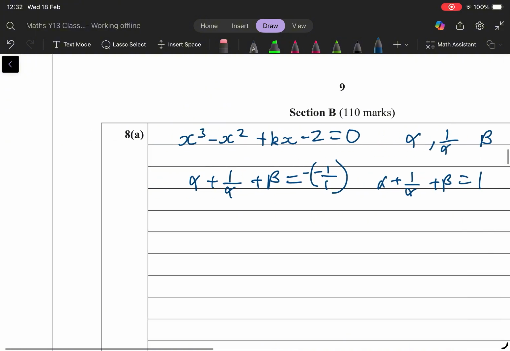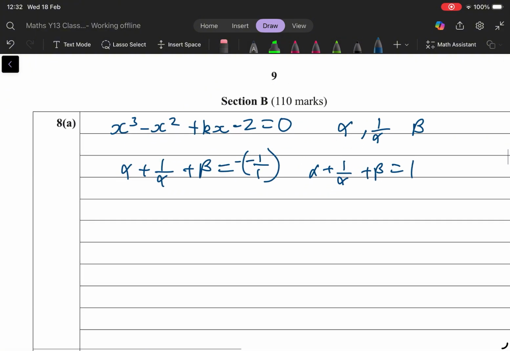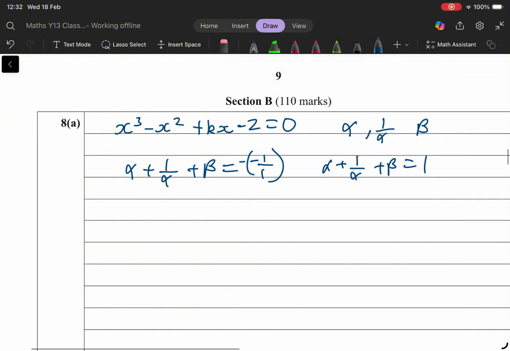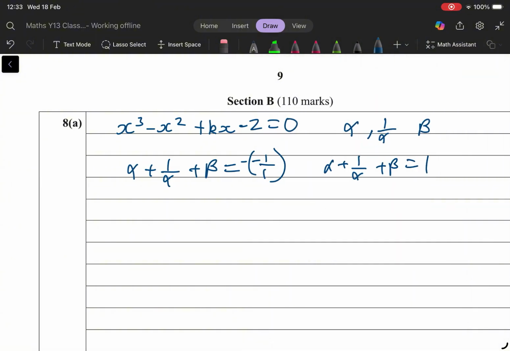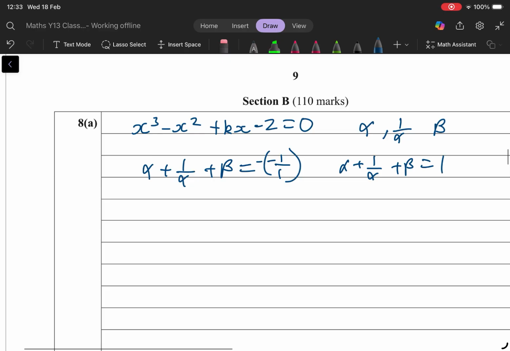And hopefully we can get some simultaneous equations here. So we have one equation which has alphas and betas in. We can simplify that out later, but we want to get a second expression because we have two unknowns here. We don't actually want to use factor theorem here, if you guys are thinking that, because we have that k. The other coefficient we know is the constant.